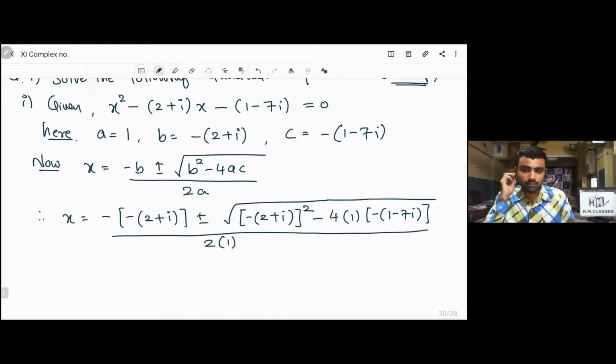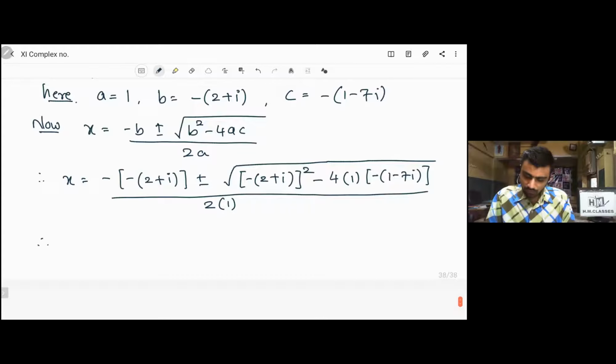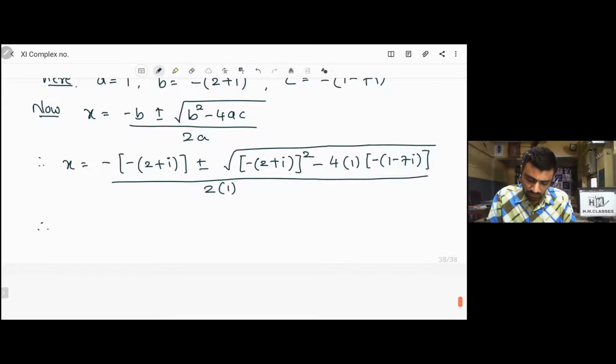Students, please note that we are making these brackets for the calculation so that there is no mistake with the signs. That is very important, to solve without any mistake. So this minus into minus becomes plus, and I am going to write 2 plus i, plus or minus under root.